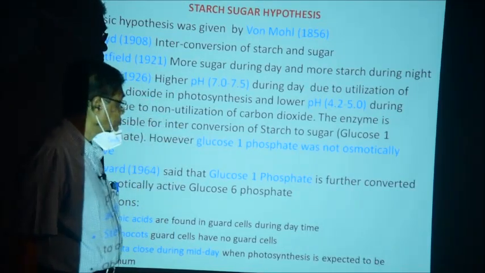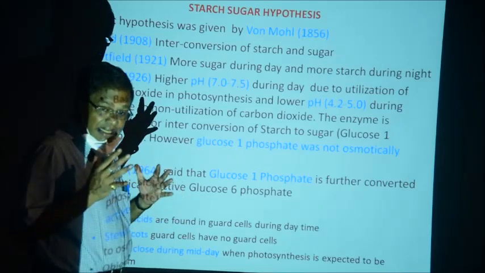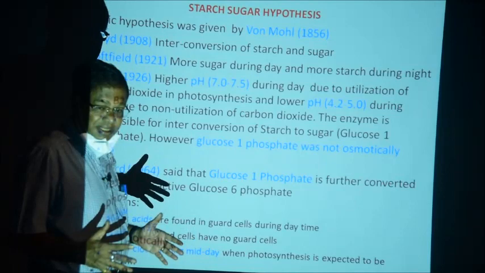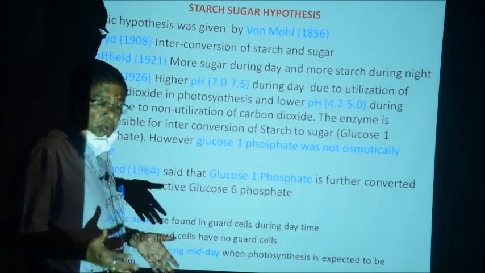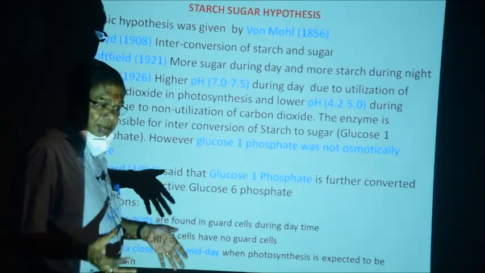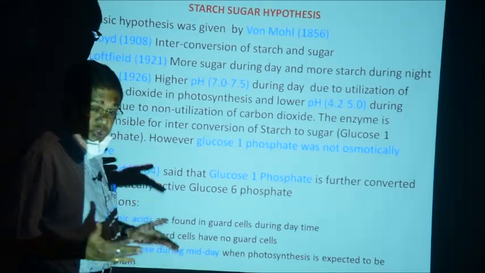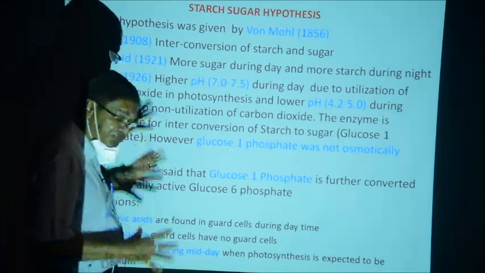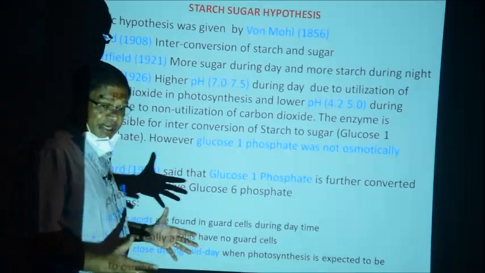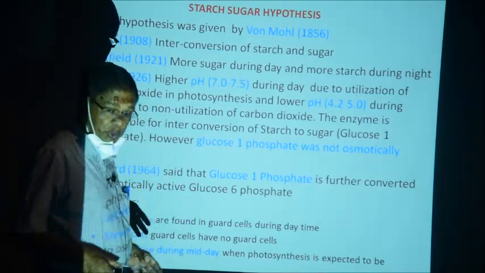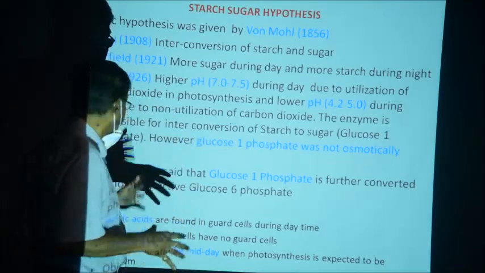That means it is not that the sugars are produced only by photosynthesis. The stored starch is also converted to sugar. Loftfield said that during daytime the sugar content of the guard cells is more and starch content is less.